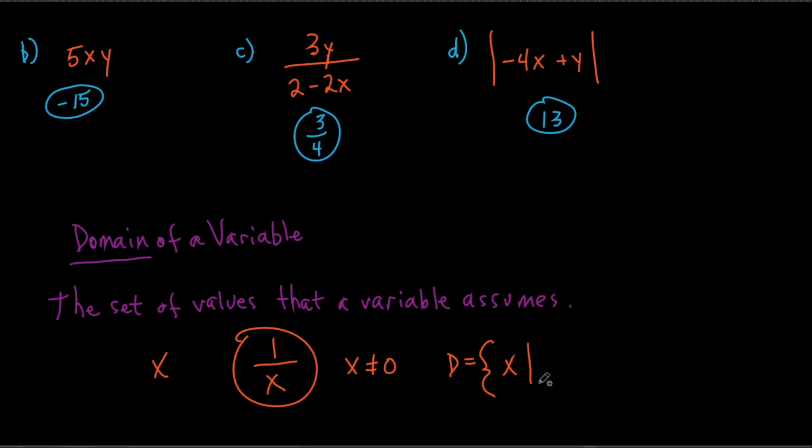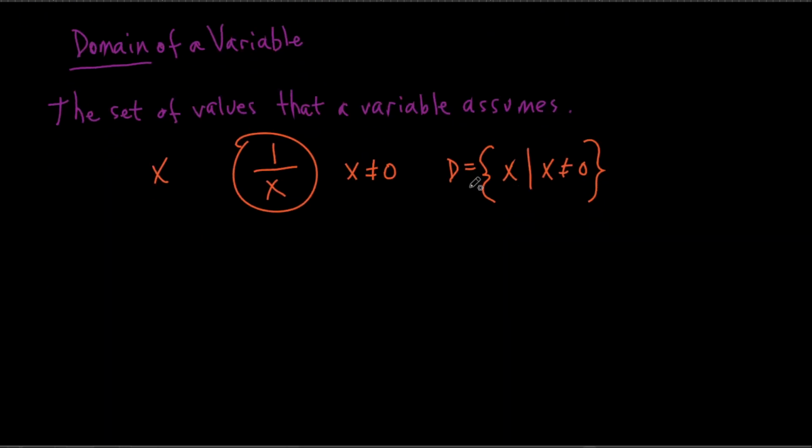This is not absolute value. It means such that, okay? So the domain can be every number. So the domain can be all the x's except for what? 0. And then you would close it like that. That's the fancy way you write domain. Isn't that weird?